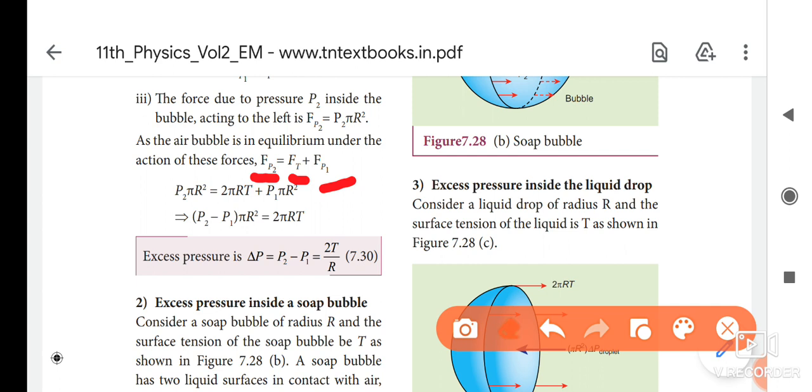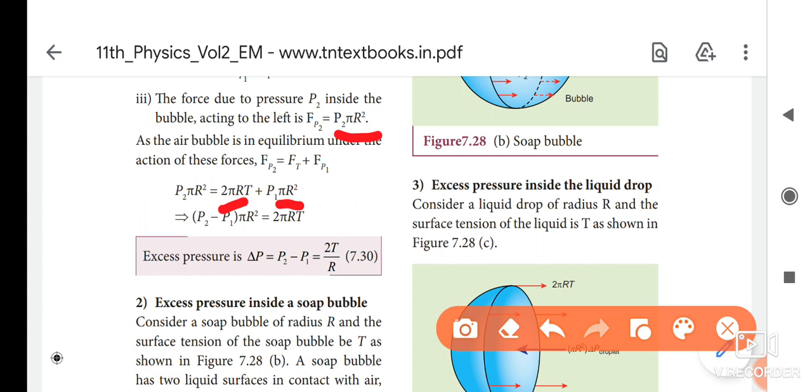Okay, have you all understood? Then what is the value for force due to inside pressure Fp2? P2 pi r squared. So instead of Fp2, we apply P2 pi r squared. Then what is the value for Ft, the force due to tension? 2 pi rT. Then what is the value for force due to outside pressure Fp1? P1 pi r squared.